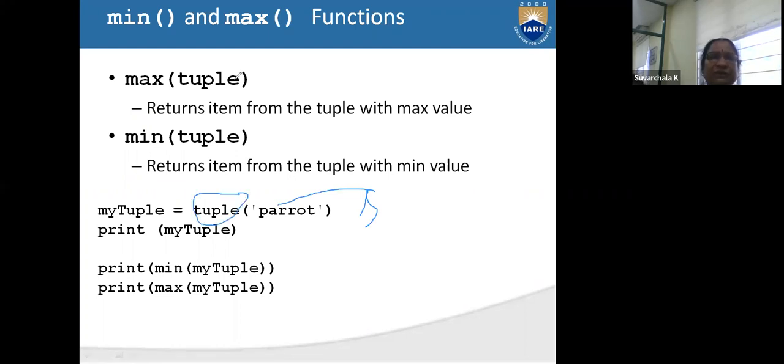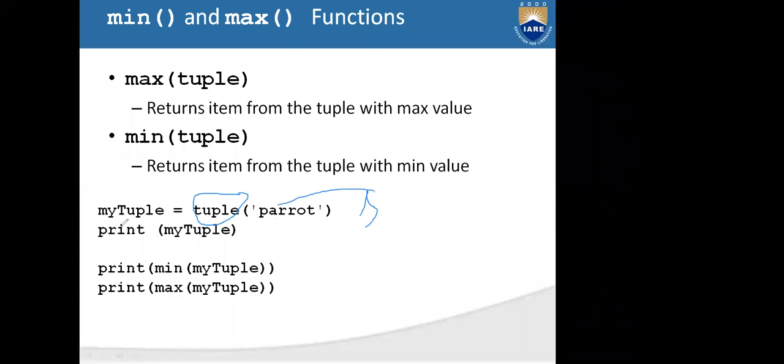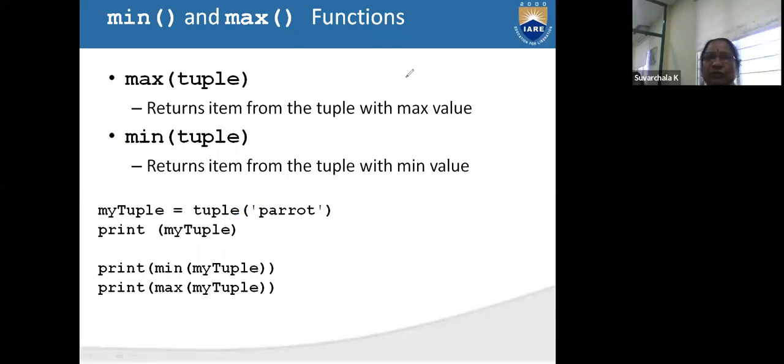When you convert a string into a tuple, each character is considered as one element of the tuple. So when we print my tuple, we will get P A R R O T as elements of the tuple, and the minimum of that value and the maximum of that value.